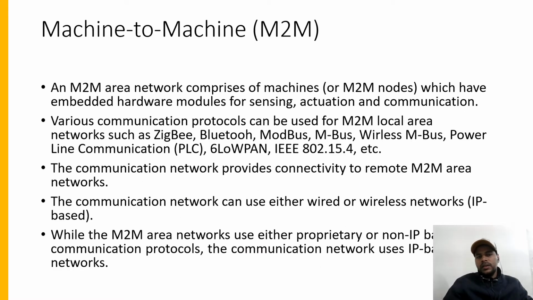An M2M area network comprises of machines which are having M2M nodes which have embedded hardware modules for sensing, actuation and communication purpose.